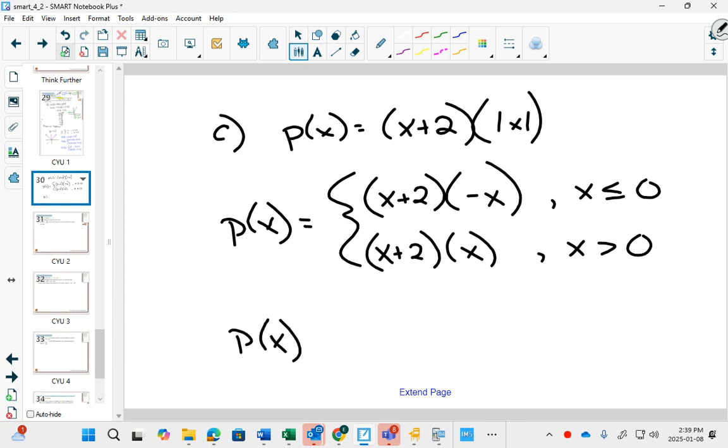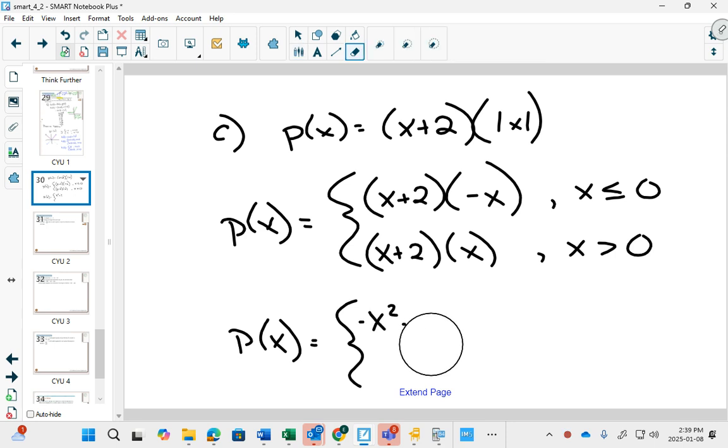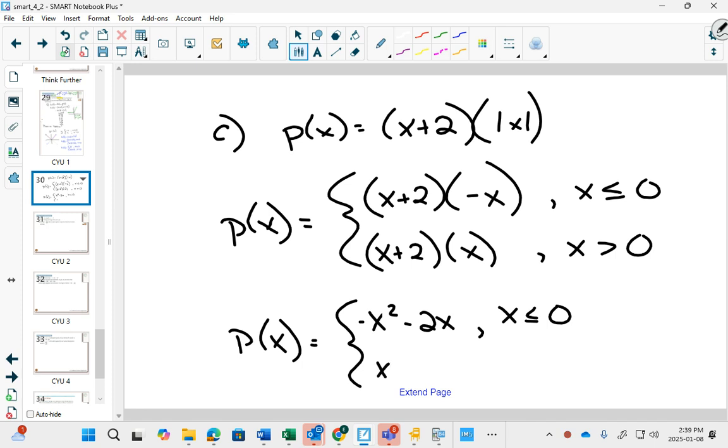Which means, if I multiply that out, negative x squared minus 2x for x less than or equal to 0, and x squared plus 2x when x is bigger than 0.